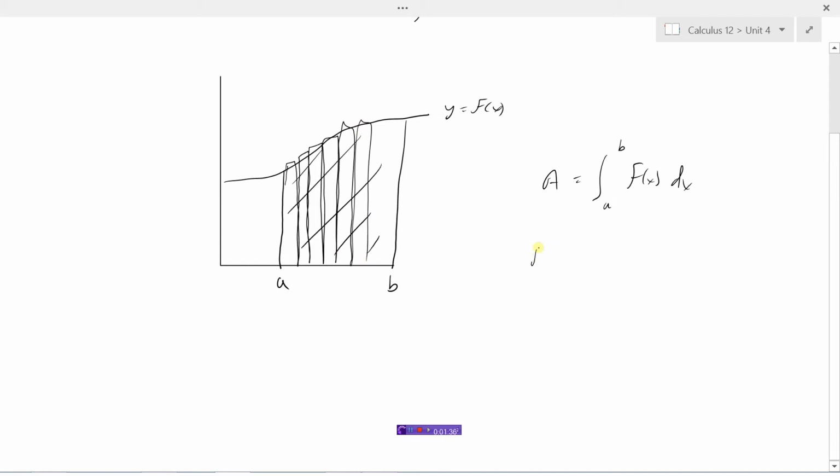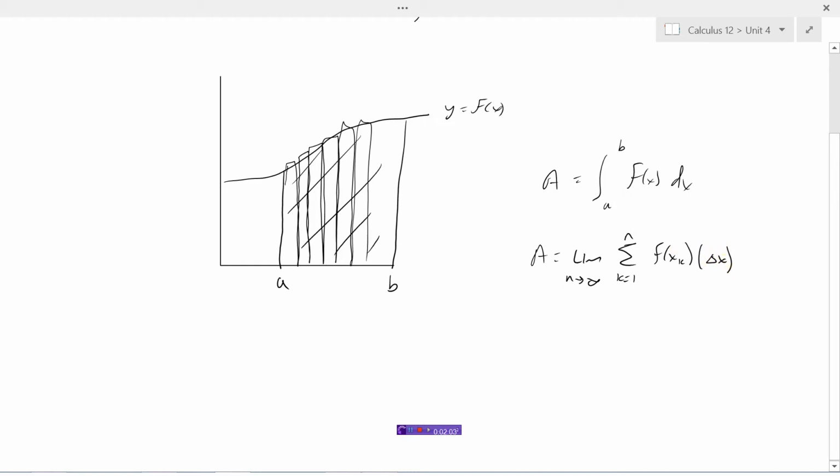So really, the area under the function is equal to the limit as n approaches infinity of the sum from k equals 1 to n of f of x k times delta x.